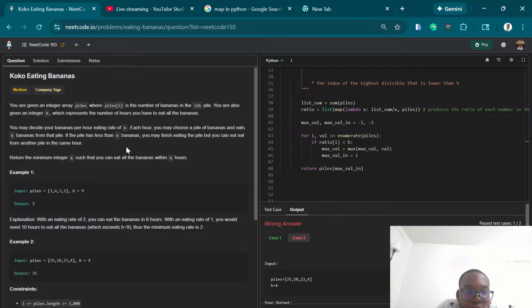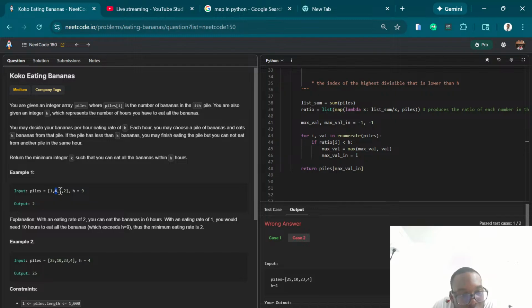This is the part that's confusing me, because how did I get here? So for the pile of 1, you need 10 hours. But with an eating rate of 2, so if you eat 2 per hour, that's gone. Then you need another 2 again.